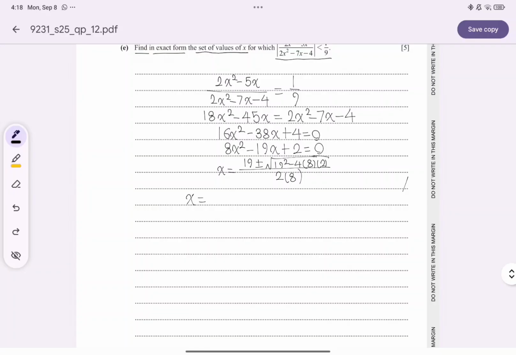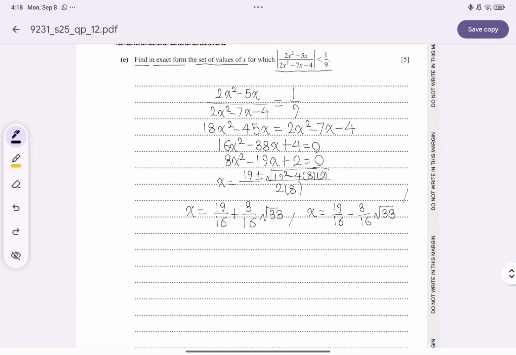Typing it into my calculator, x would be 19 over 16 plus 3 over 16 square root 33, and the other one would be 19 over 16 minus 3 over 16 square root 33.